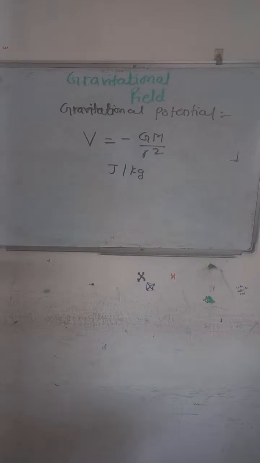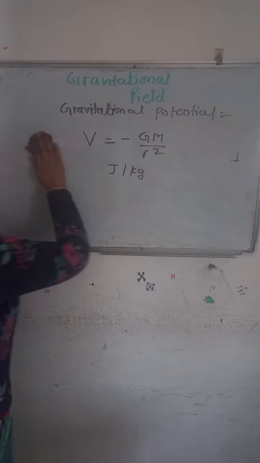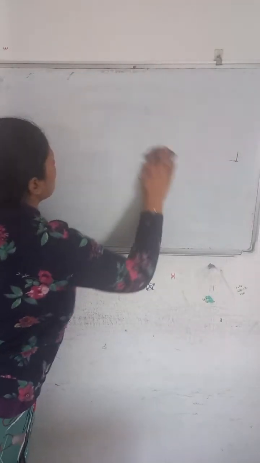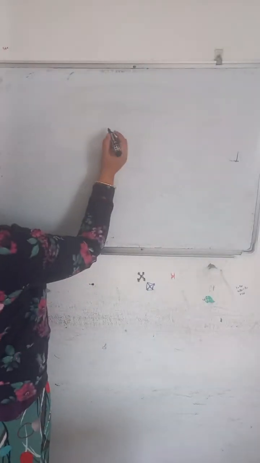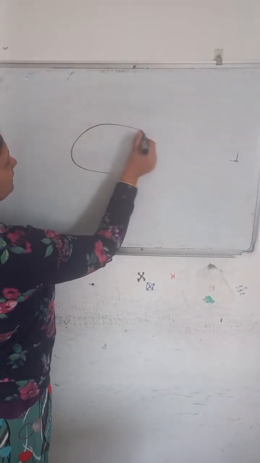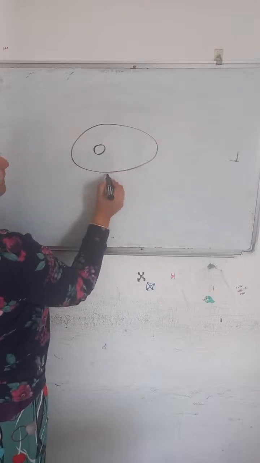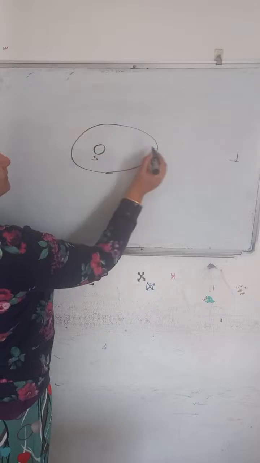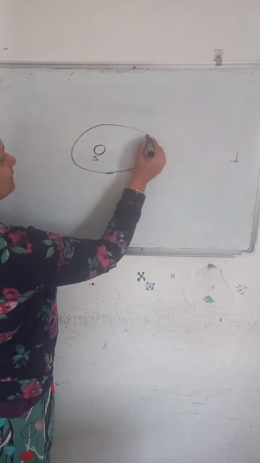The position vector of a planet from the sun, that is, the line joining the planet to the sun, sweeps out equal areas in equal intervals of time, or the areal velocity of a planet around the sun always remains constant. Means here we are taking the sun as a center. Even we did this during the normal classes. Here the planet is revolving in an elliptical orbit with the sun as a center.